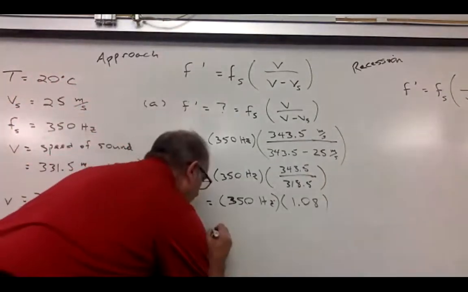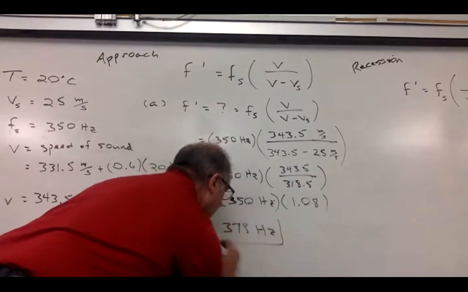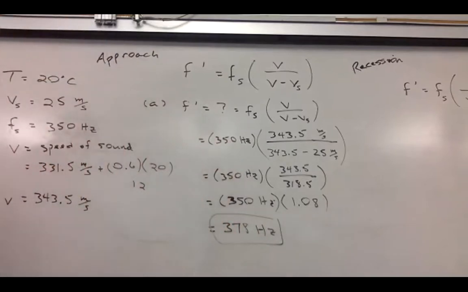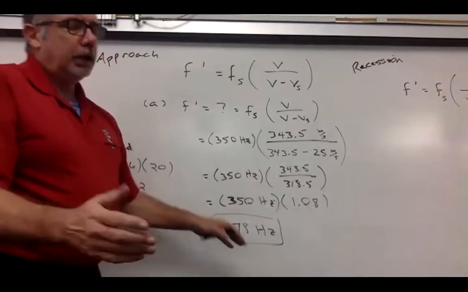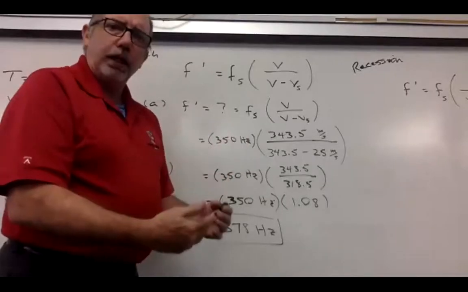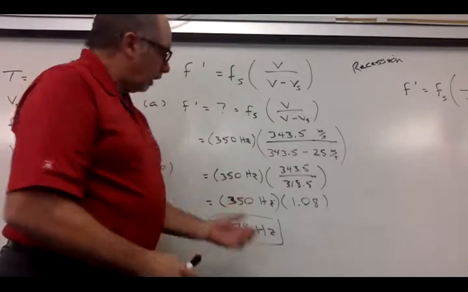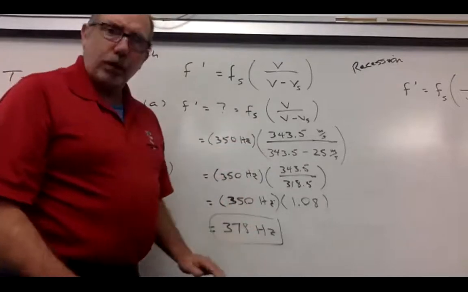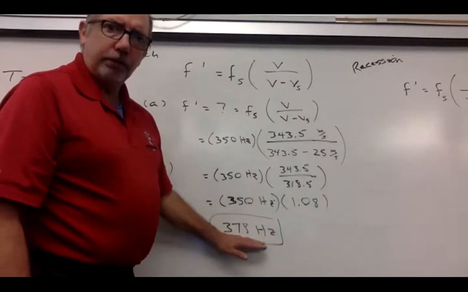Thank you. So 378 hertz. That's what you would hear if you approach this crossing, just as the lights come on and the gates come down, and you have to wait for this train. By law, trains have to sound their sirens as they cross roads. So you would hear, as it's coming towards you, 378 hertz as the frequency.